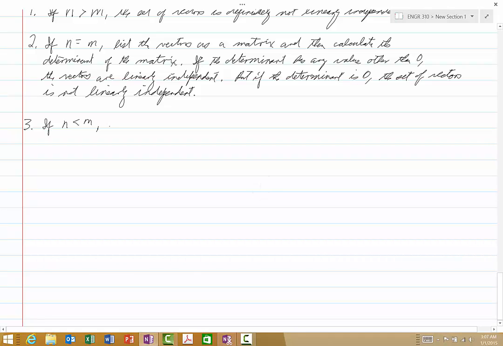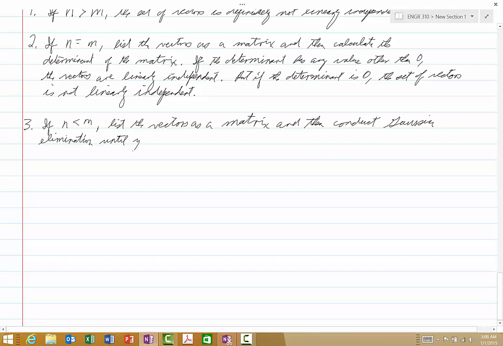Let's again list the vectors as a matrix, and then conduct Gaussian elimination until you have all zeros below the main diagonal.